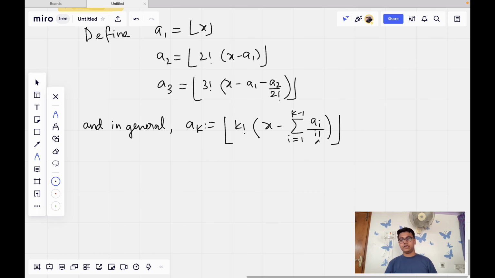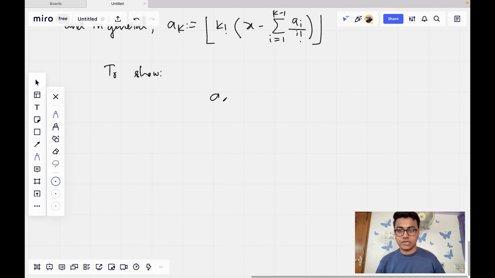So this is how we are defining each of the coefficients, and we have already seen that these coefficients work in the uniqueness part. We have to show that these coefficients satisfy the constraints on ai. We need to show that each of these coefficients is greater than or equal to 0 and less than or equal to k minus 1 for k greater than 1.